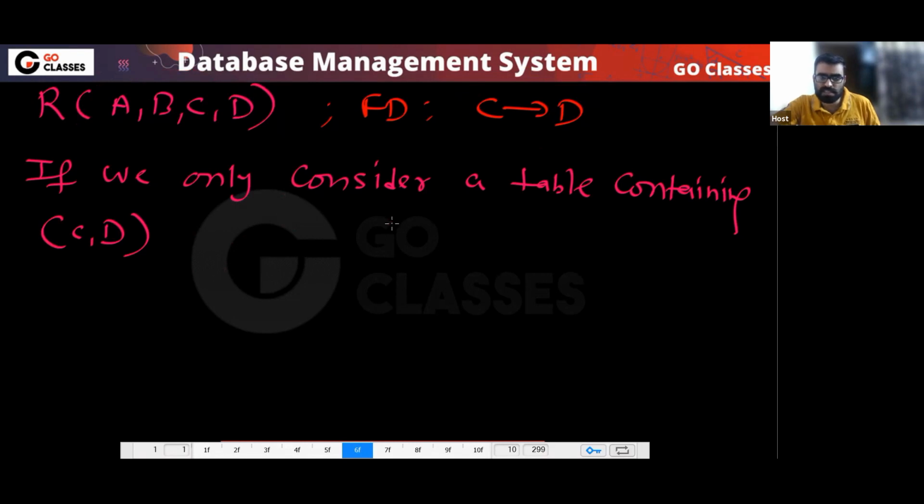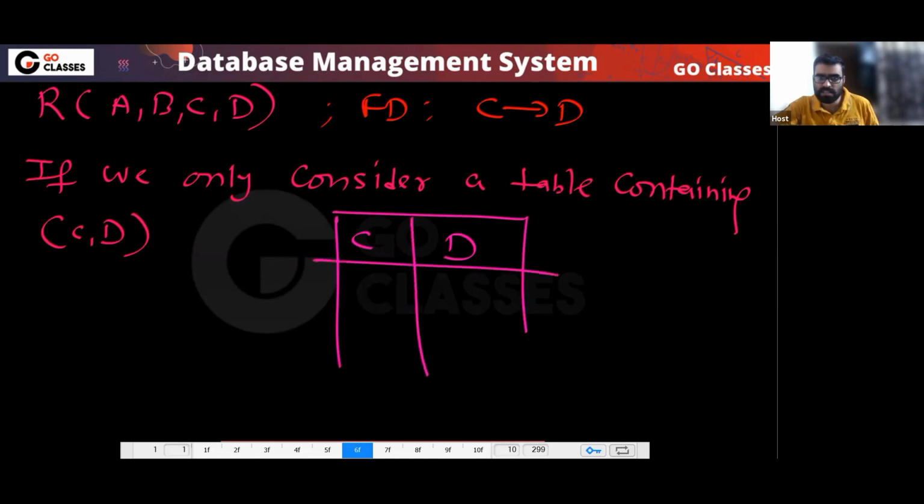So if we only consider a table containing C comma D, then what will happen? If you consider only this table C comma D, then what will happen?